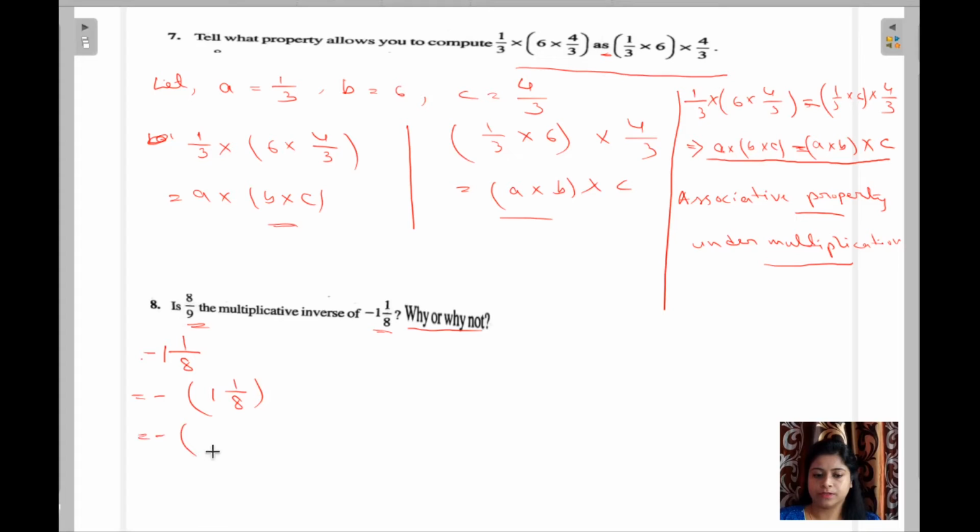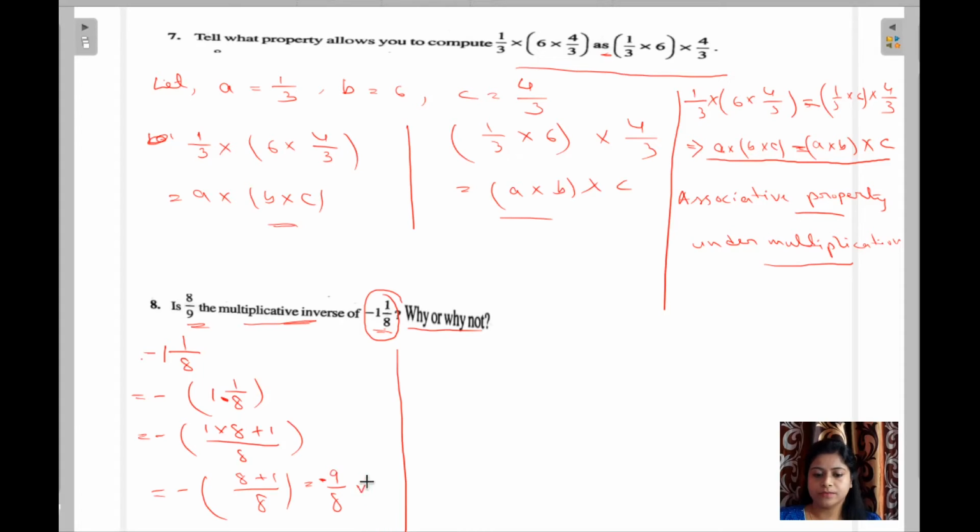So the first aim is to make it an improper fraction. The way is to multiply the two corner numbers and then add the numerator. So 8 plus 1 by 8 equals 9 by 8, and the minus sign is there, so minus 9 by 8. Now is 8 by 9 the multiplicative inverse of this?